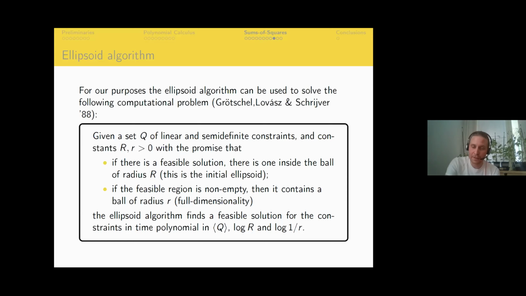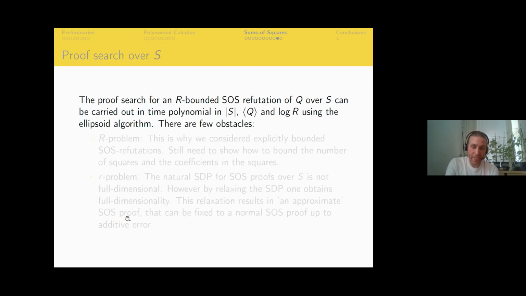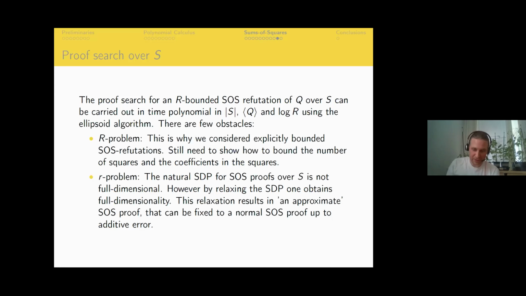Okay. So the proof search for R-bounded SOS refutations can then be carried out in time polynomial in the size of the given encoding, and the logarithm of the given bound R. Okay, so there are still two obstacles relating to these promises, basically.